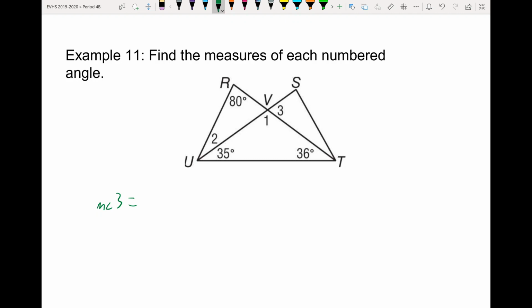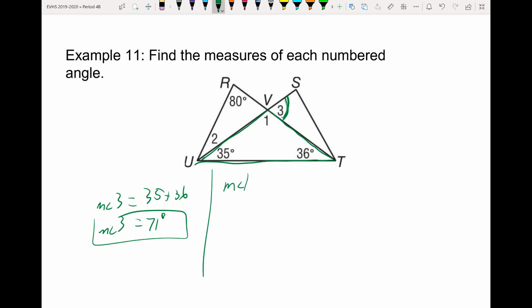Angle 3 is an exterior. So I'm sorry, let's look at this triangle here. Triangle TUV. Angle 3 over here is an exterior angle, right? Yes. So, what are the remote interiors? 35 and 36. So it's 35 plus 36. So measure of angle 3 equals 71 degrees.